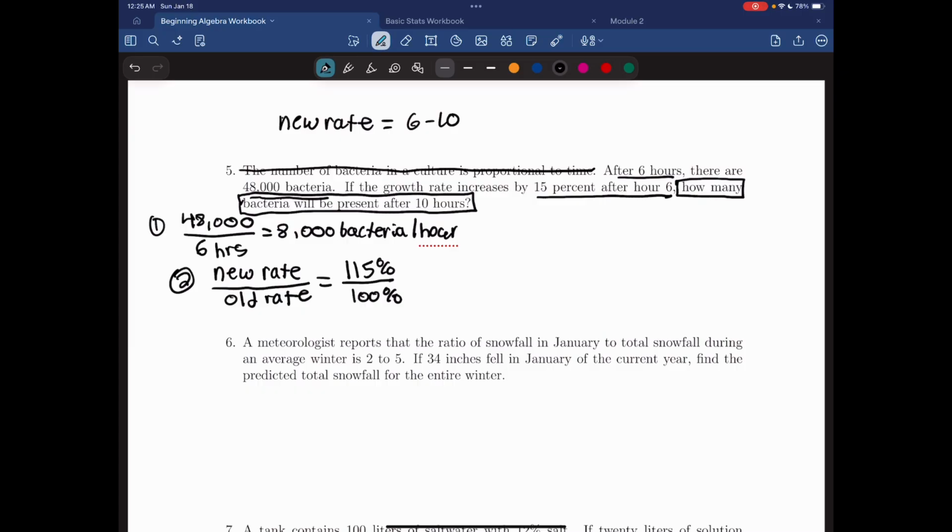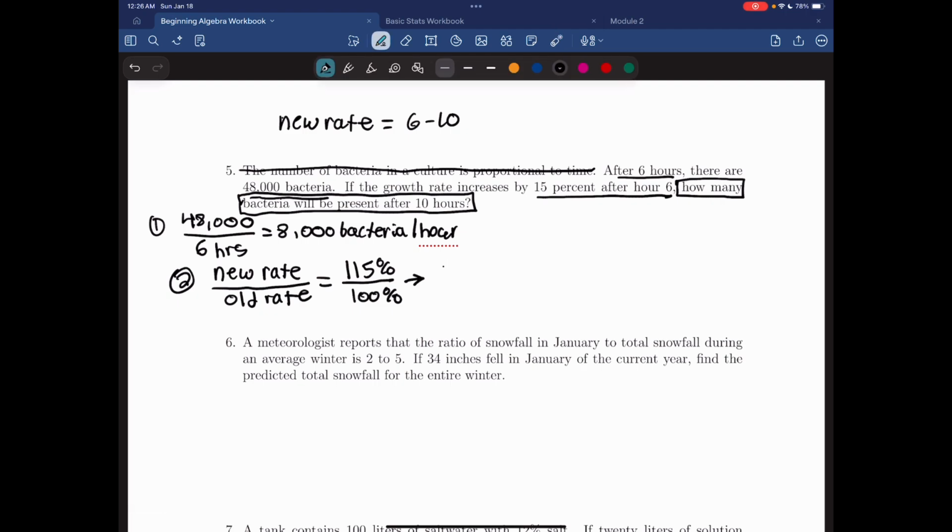So now what we're going to have to do is figure out our new rate. How much bacteria are we producing per hour at this new rate? We found here that our old rate is 8,000 bacteria per hour, but we need to figure out what this new rate is. So that's what X is going to be for this proportion.